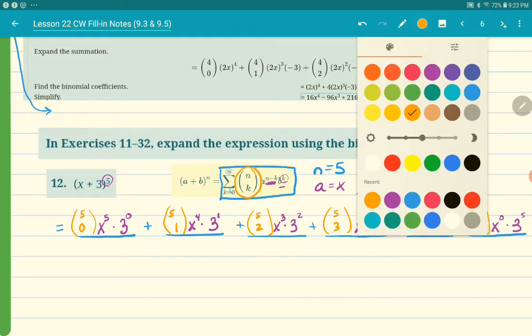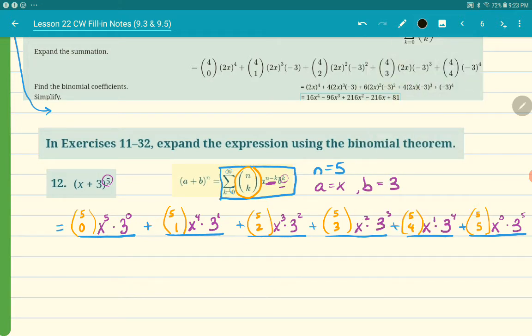Now this part I don't usually write, but I just want to point out that this term is the term that I get when k equals 0. This term is when k equals 1. This term, k equals 2, and so on. So you can see how the term that I have written matches this for that k. When I plug in 0 for k, I get this term.